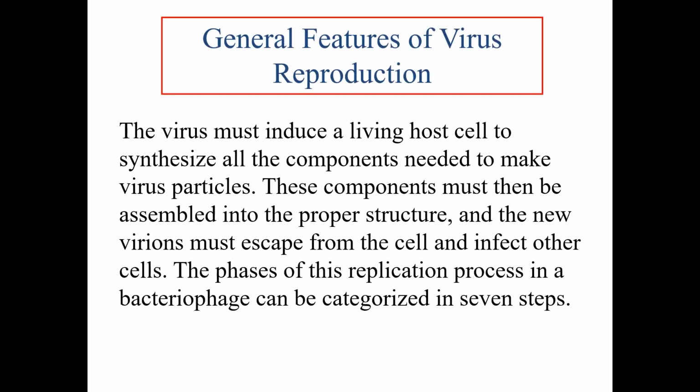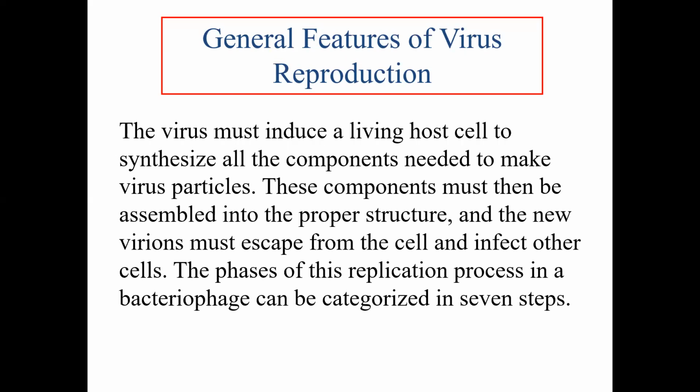Now we're going to talk a bit about viral reproduction. As I mentioned, in order for a virus to survive, it must first attach and penetrate into an ideal host cell that possesses all of the different viral mechanisms as well as the important structures needed for viral replication. So they will target hosts that have all of the enzymes as well as all of the building components they need to create new viral particles.